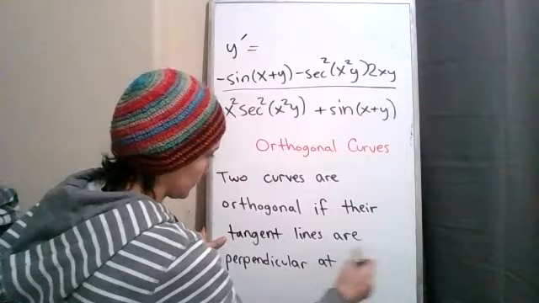Like at any point where the curves intersect, the tangent lines at that point are perpendicular.